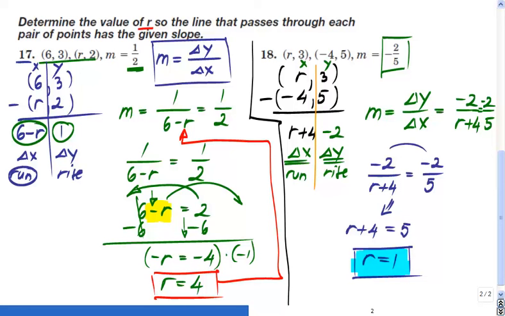And this is how you solve similar problems on the algebra proficiency exam, slope related topic, right? We'll do more.